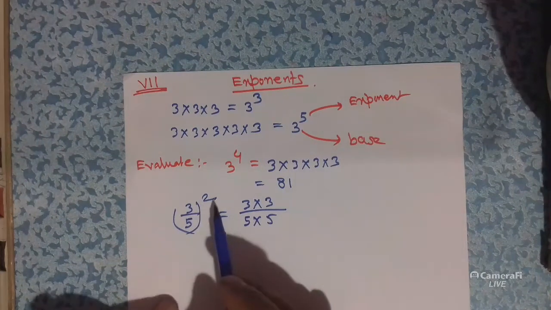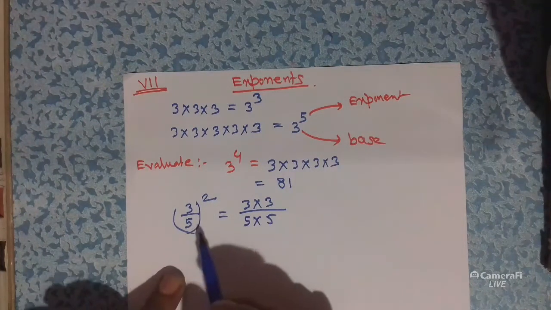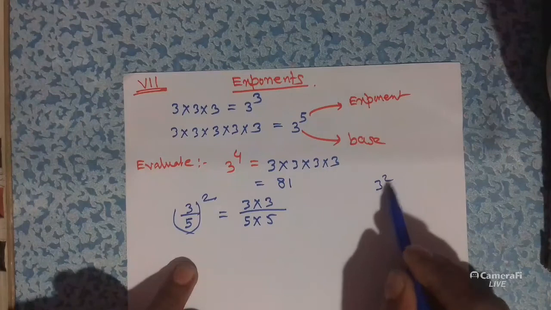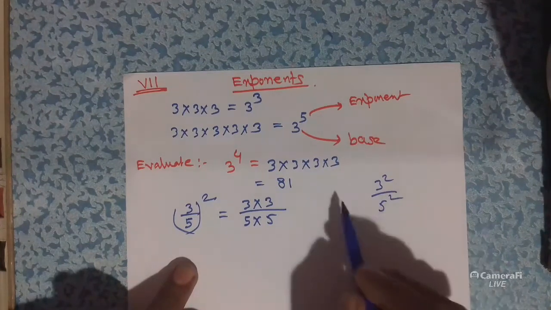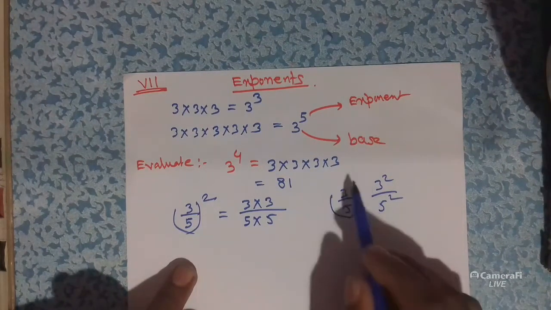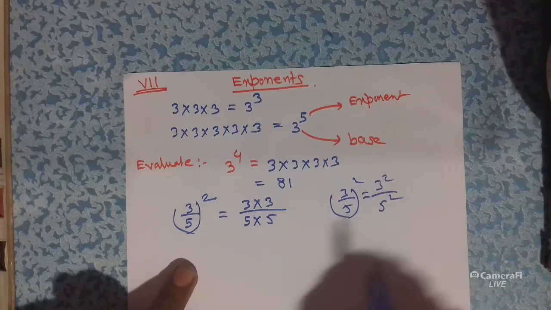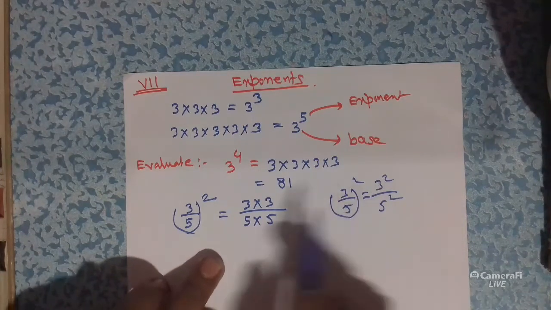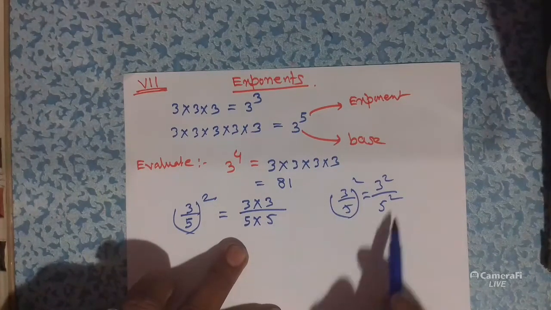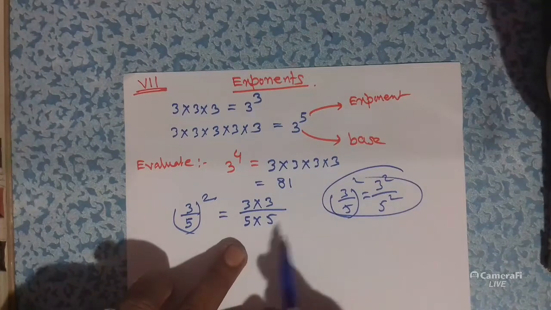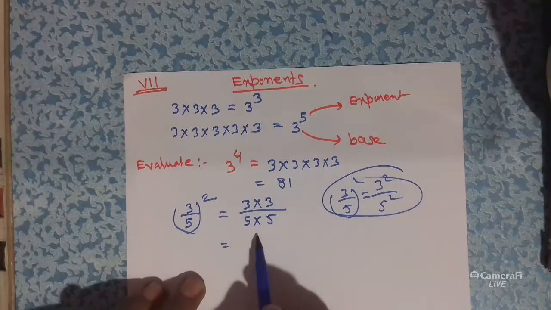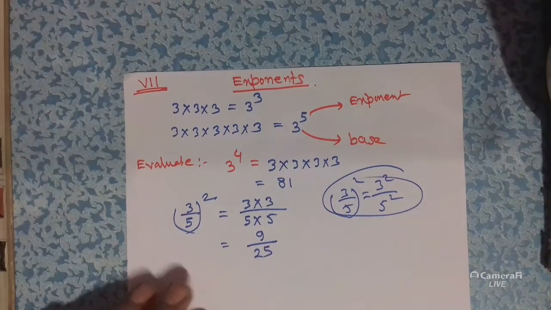So 3 by 5 whole square can be written as 3 square by 5 square. So 3 multiply 3 is 9, and 5 multiply 5 is 25. So 3 by 5 whole square is equal to 9 by 25.